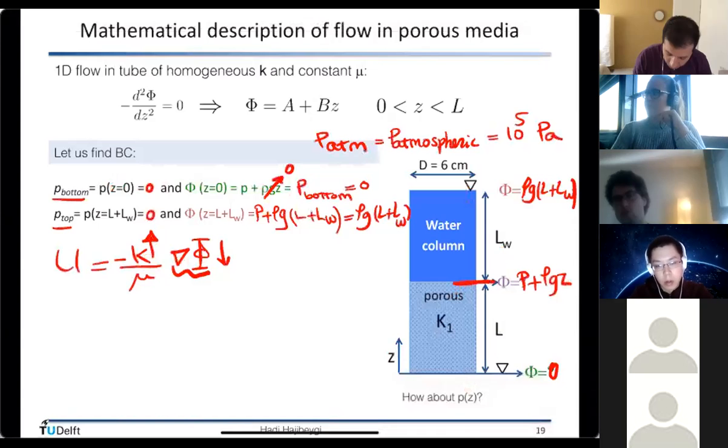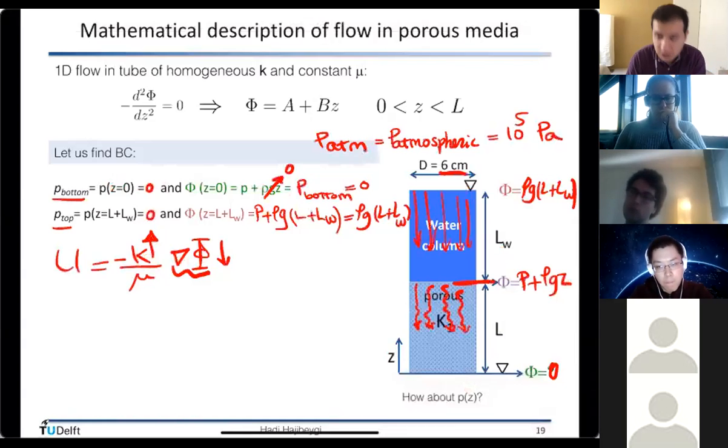Now, here, flow is happening through the microchannels of this porous material with diameters of maybe 100 micrometers, 200 micrometers. Here, water is flowing in the big channel of 6 centimeters. What's the estimation of permeability of this big channel based on bundle of tube theory?